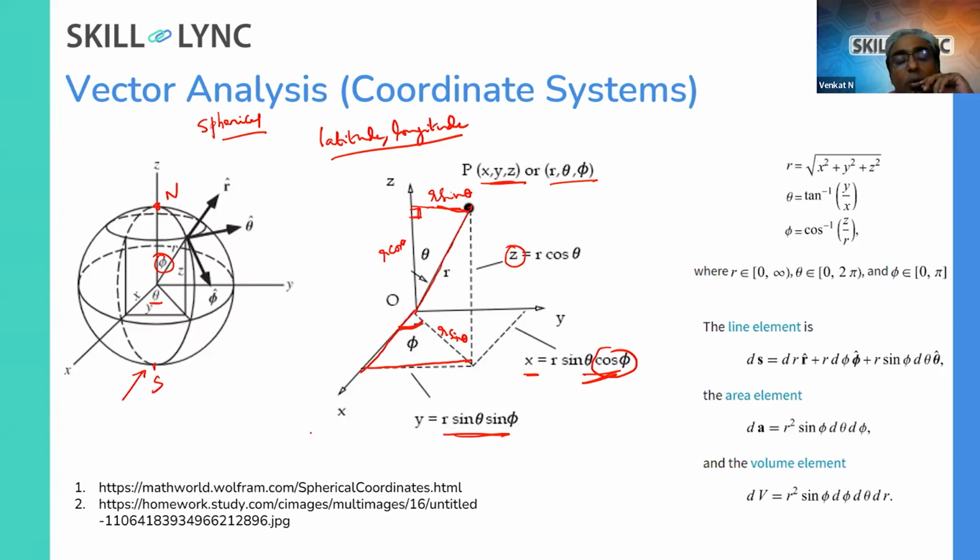So you can see how we can convert interchangeably between the spherical coordinate system and the Cartesian coordinate system. So this is the way of converting from spherical to Cartesian. R is nothing but root x square plus y square plus z square, the distance between point P and the origin.